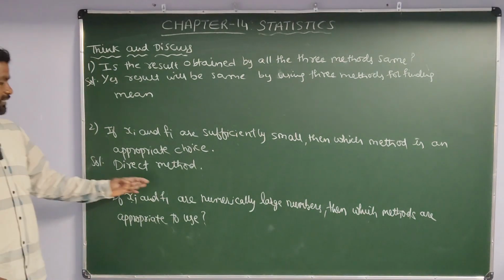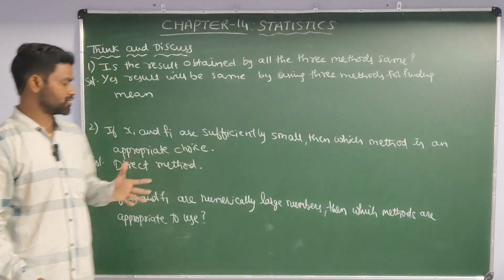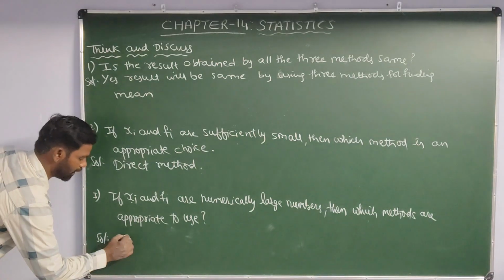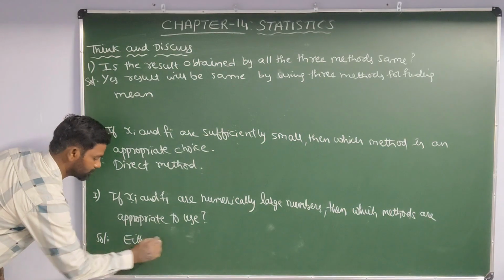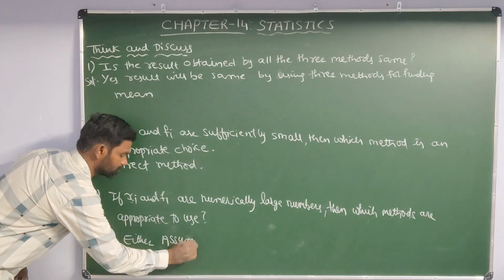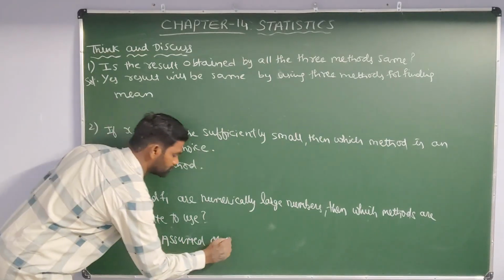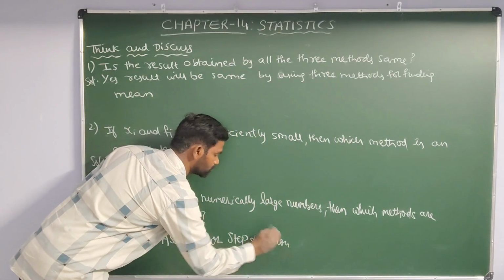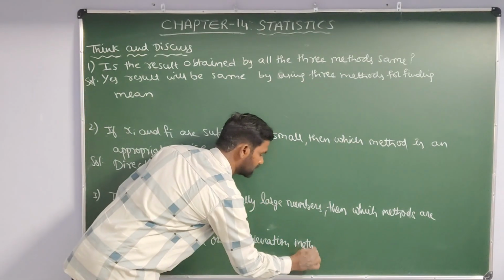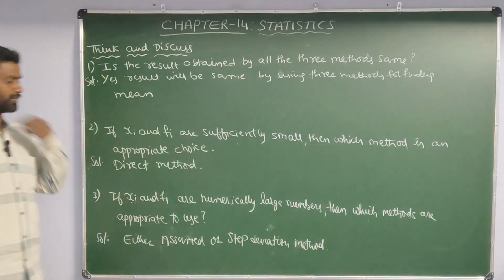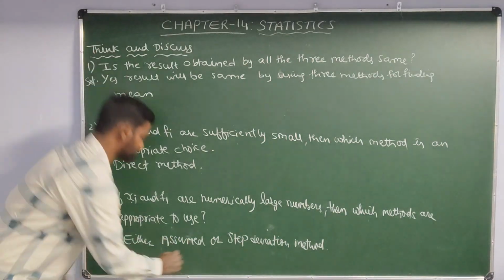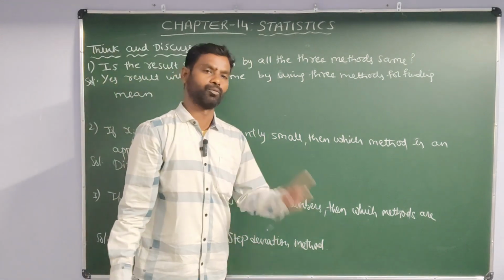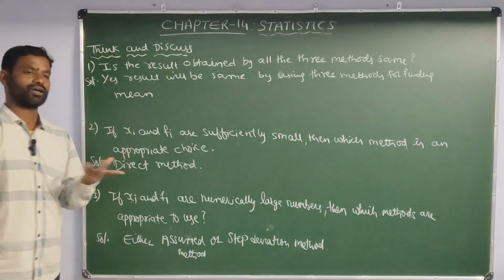If observations and frequencies are numerically large, we use either the assumed mean method or the step deviation method. These are the two methods from which you can use any one.